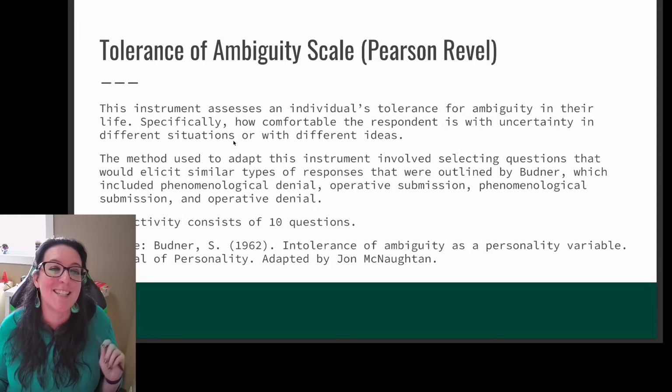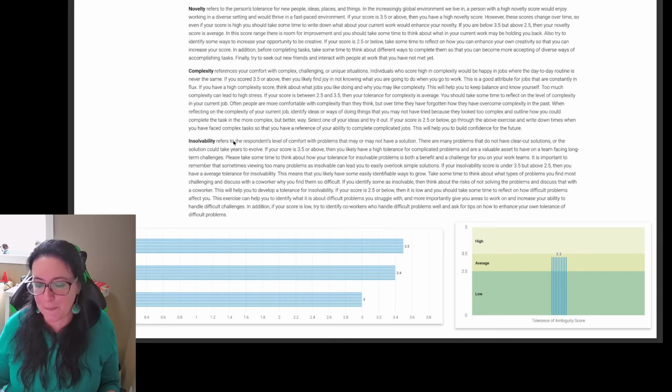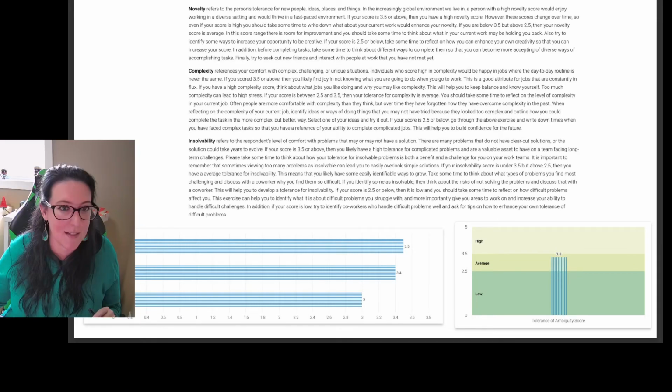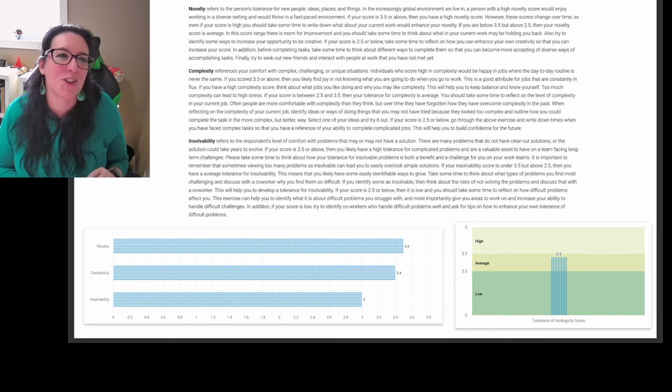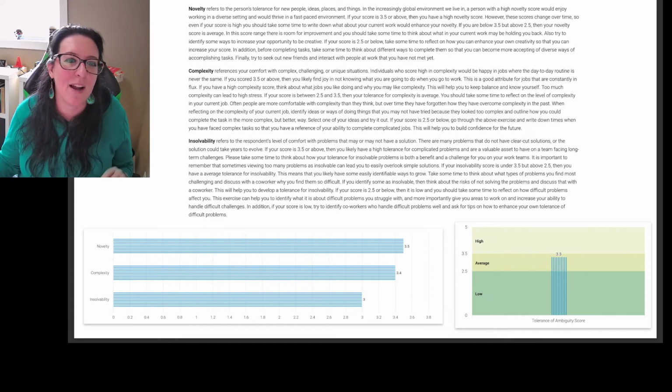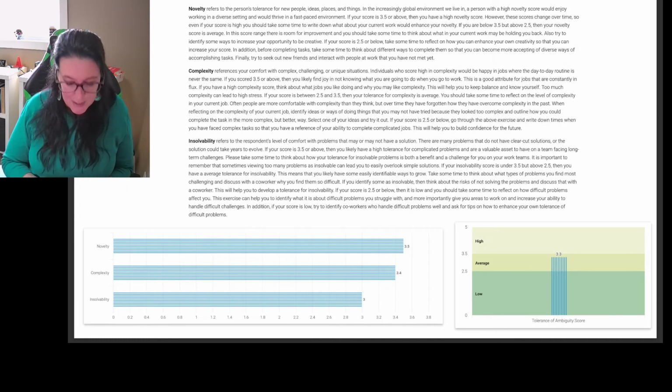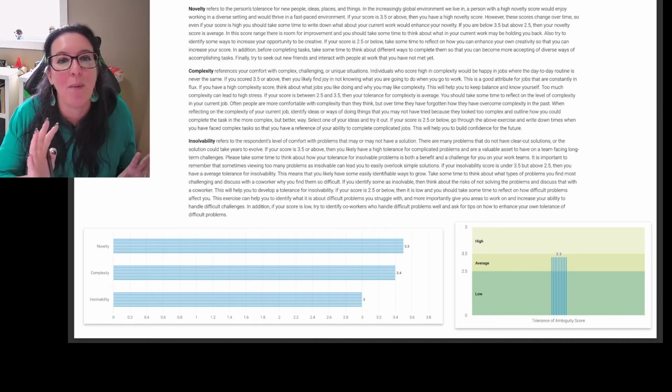And there are different types of uncertainty. So I'm just going to move my face because I'm covering up information here. So when we look at uncertainty, we can classify uncertainty in terms of novelty. The problems are new and different. We haven't dealt with them before.